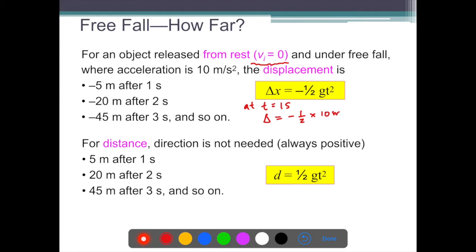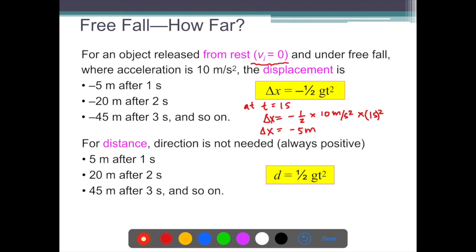We can use the rounded number 10 meters per second squared for convenience, multiplied with the time squared, which will be 1 second squared. And you'll get negative 5 meters for your displacement delta x.